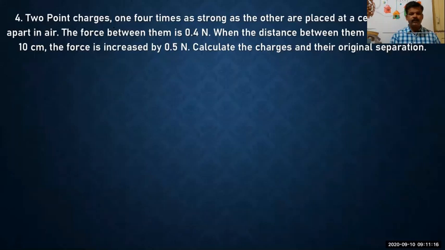2 point charges, one 4 times as strong as the other, are placed at a certain distance apart in air. They say that there are 2 point charges. Say this is 1 point charge, Q1, and another point charge Q2, and they are separated by some distance in the air.